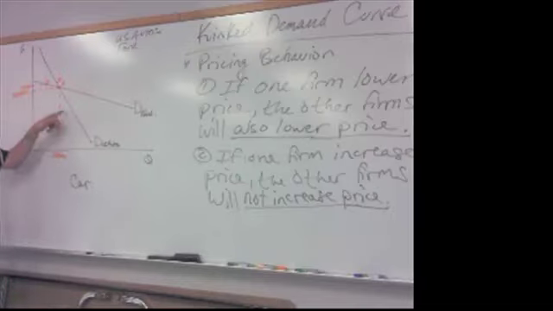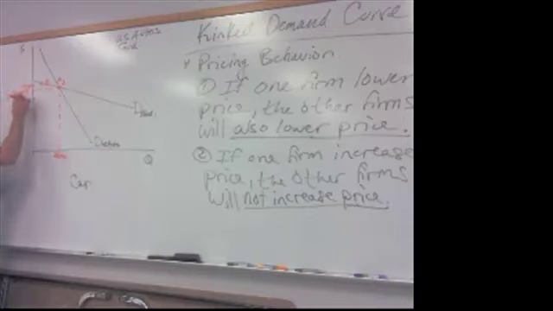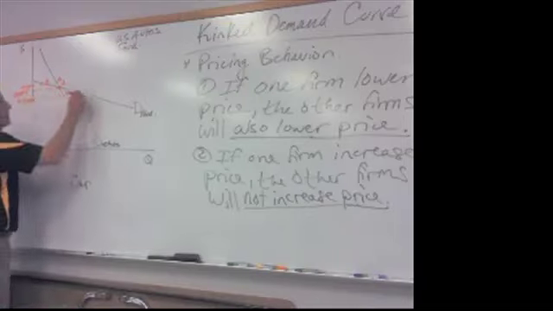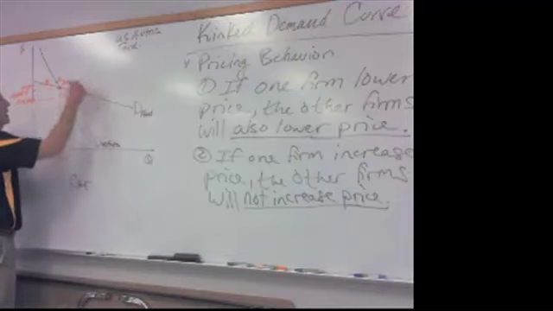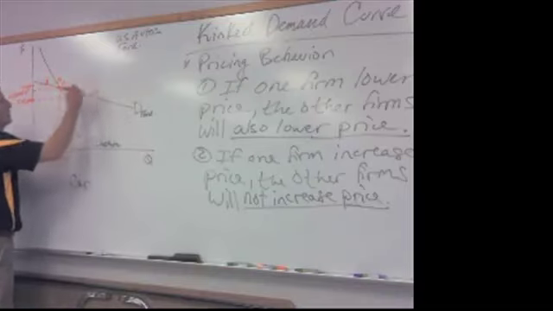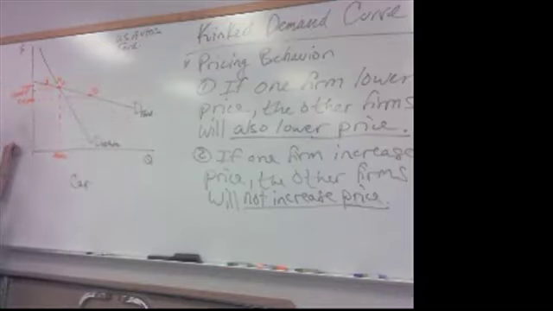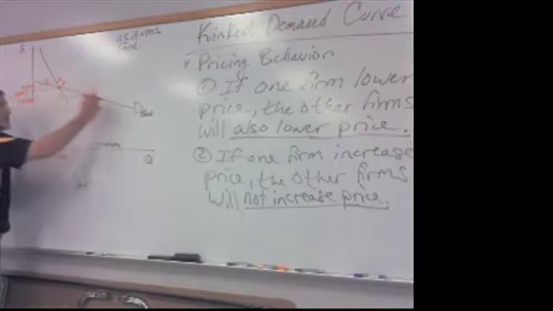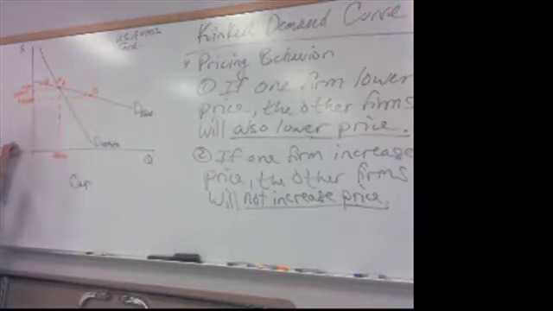All right, now, if Ford cuts their price to 18,000, thinking, oh, I'm going to gain market share, aren't I? My economist said that this is my demand curve, and so am I going to move to point D? No, because that assumes that my competitors held their price constant.